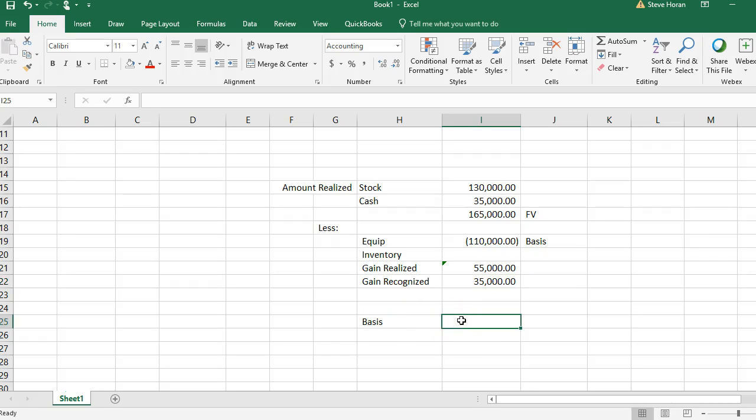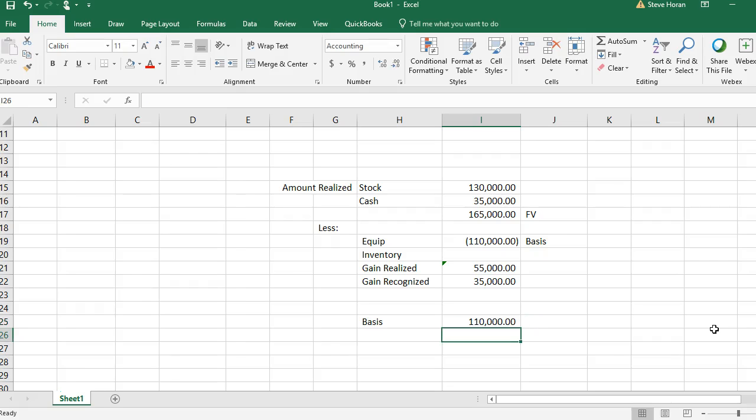Her basis then on the stock is really simple to compute. Her basis is the 110, the basis of the property that she kicked in, plus the $35,000 gain, minus the $35,000 of cash received.